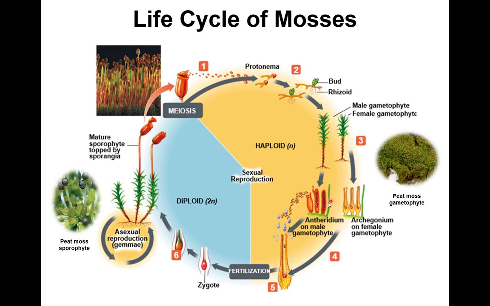These will be on the top of these structures here. When fertilization happens, now you have the zygote. That's the first cell for the sporophyte, the diploid form of the plant.